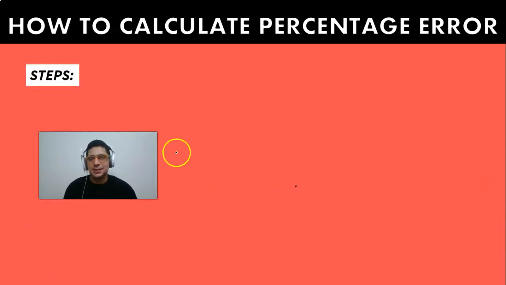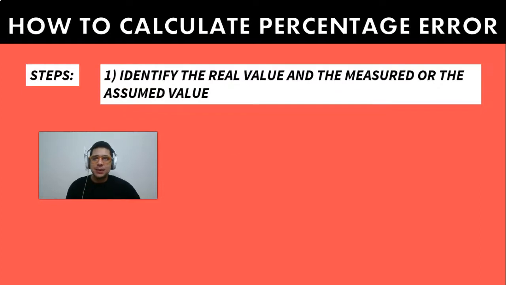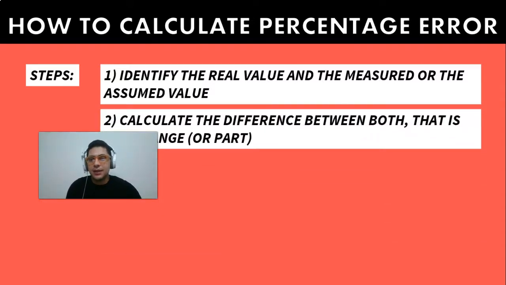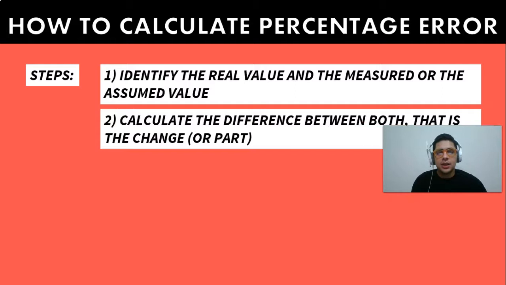at some basic steps. So basically, step number one is going to be, we're going to identify what is the real value and what is the measured value or the assumed value. So we're always going to have a real value, we're going to have a measured value or an estimated value, right? And we're going to compare the two of them. Now, after that, we're going to calculate the difference between both.